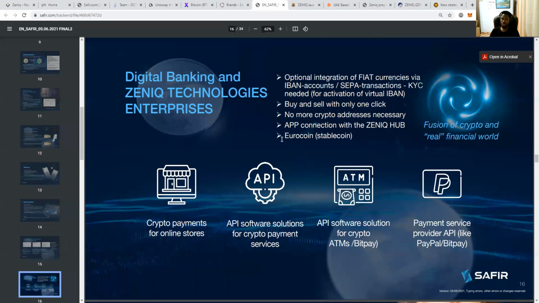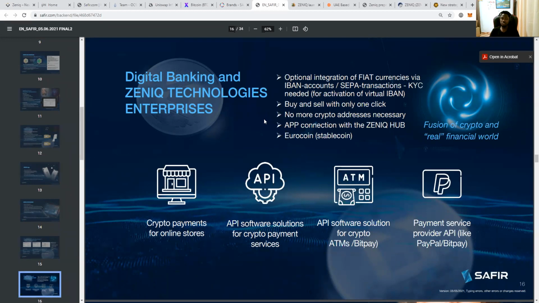And of course, when you are looking at the digital banking sector of ZENIQ, we can see something like PayPal coming into play. Because if you are looking at the use cases, the usability, and all this potential that ZENIQ has, you can probably talk about a firm whose net worth would be so huge compared to Revolut.